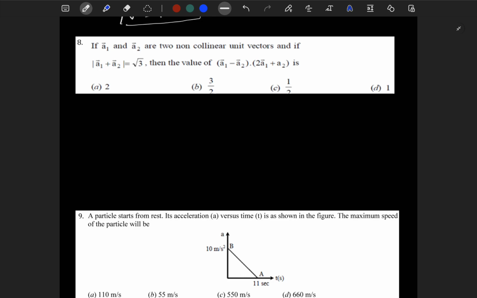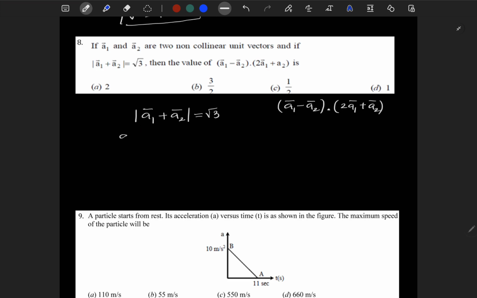Also given is modulus of a1 bar plus a2 bar is root 3, and you are supposed to find the value of a1 bar minus a2 bar dot 2a1 bar plus a2 bar. So this is not a difficult question, but you need to understand what is a1 bar dot a2 bar. So let's solve for this one.